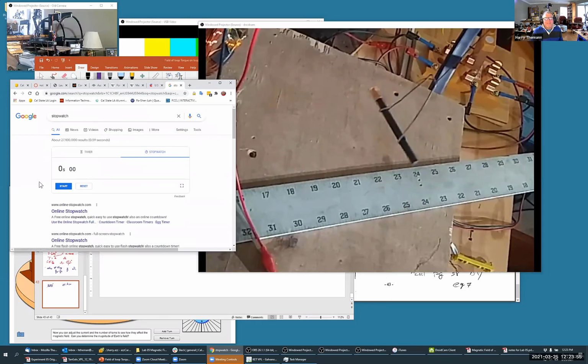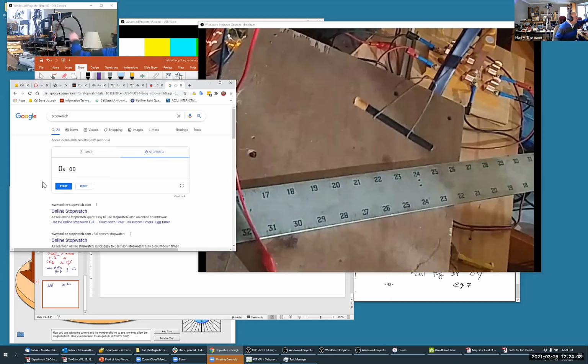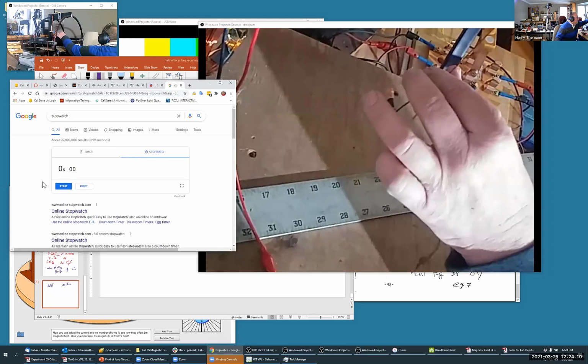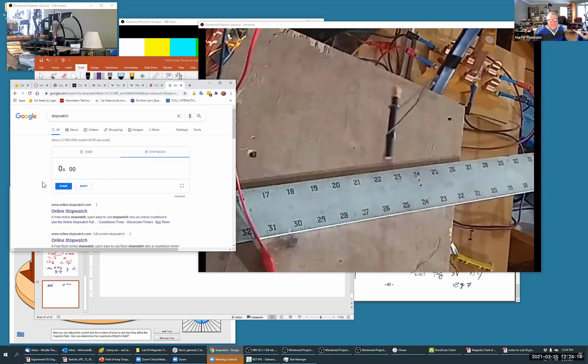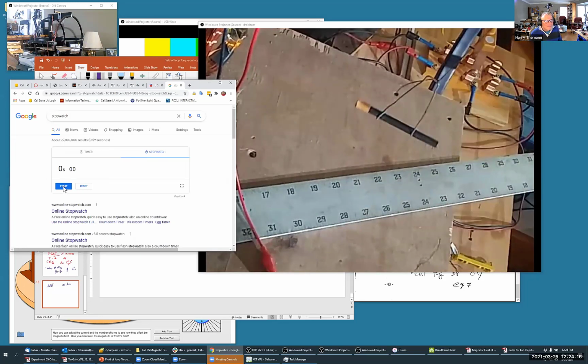The period is when, if I go all the way to the left and start, that's one period, right? So let's see if we can get 10 periods and see if I can settle this thing down a little bit. Probably a bad idea to even try. But now I've got a nice swing. So ready, set, go. All right.